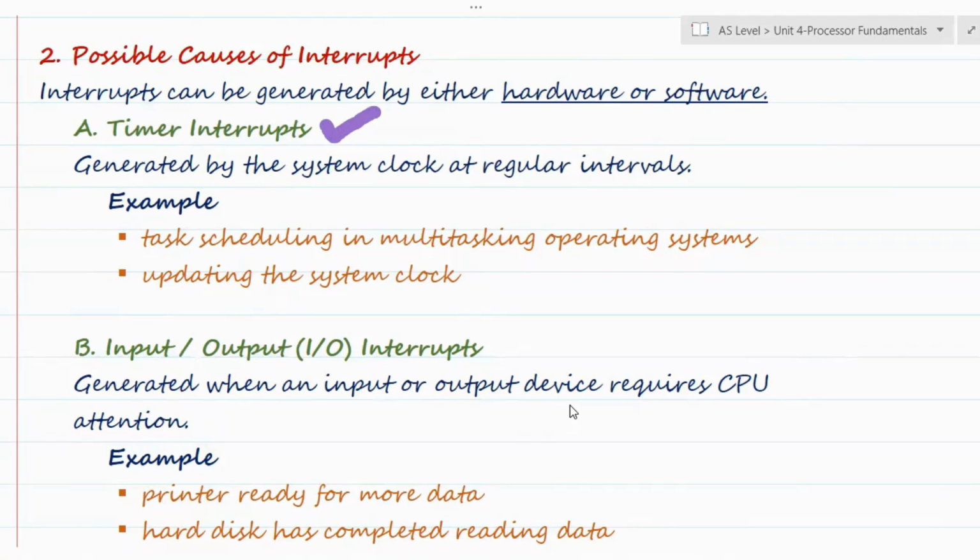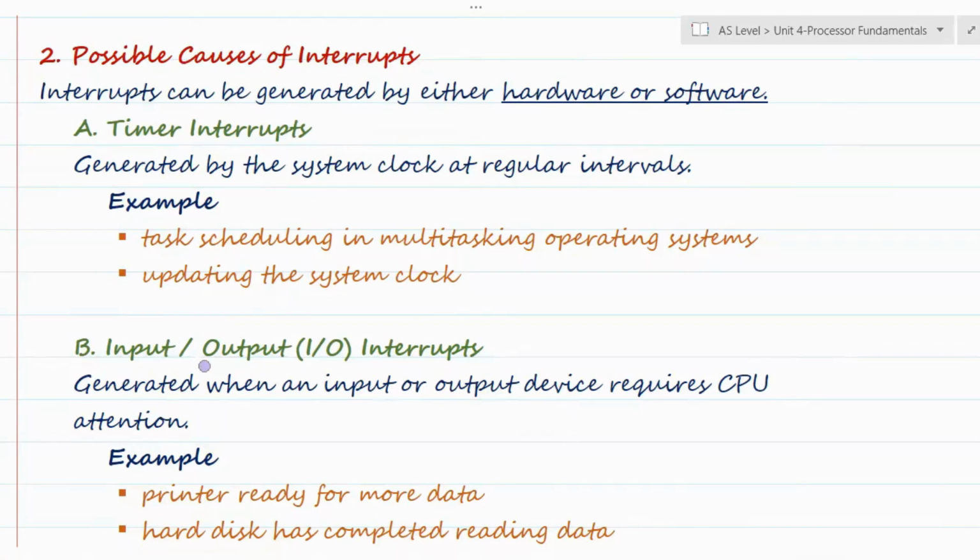A timer interrupt is generated by a system clock at regular intervals. For example, the operating system uses timer interrupts to schedule tasks in a multitasking environment. Timer interrupts are also used to update the system clock.